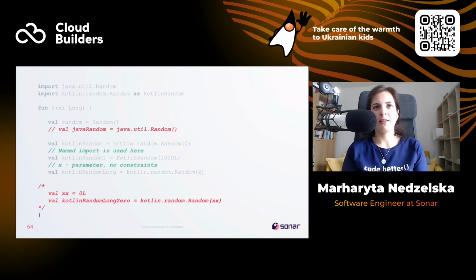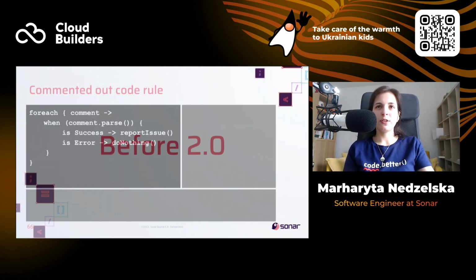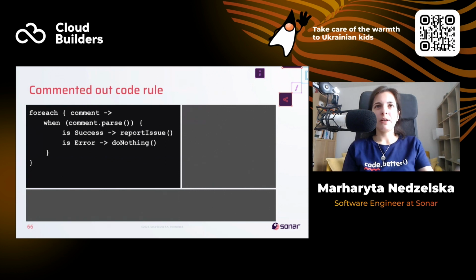If it's just a single comment, we report no issues. So how did it work? Before 2.0, we actually went through all the comments and we parsed them. If parsing was successful, we report an issue and assume it's code. If it was not successful, we assume that it's not code, so everything should be okay.